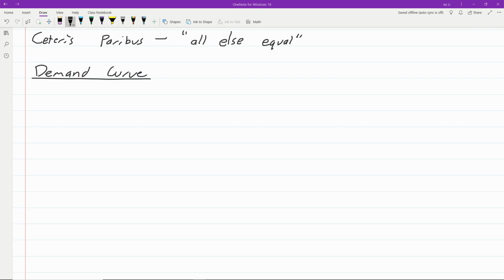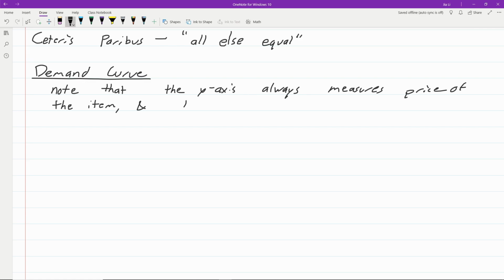Which means there'll be an x-axis and a y-axis. But I'll say here that it's convention in economics to always make sure that the price of the product is measured on the y-axis, and the x-axis always measures the quantity.